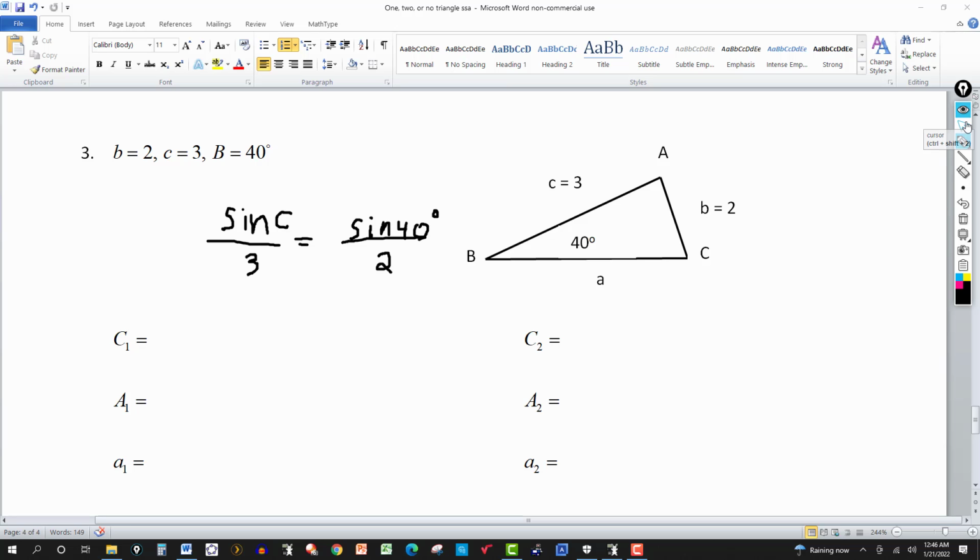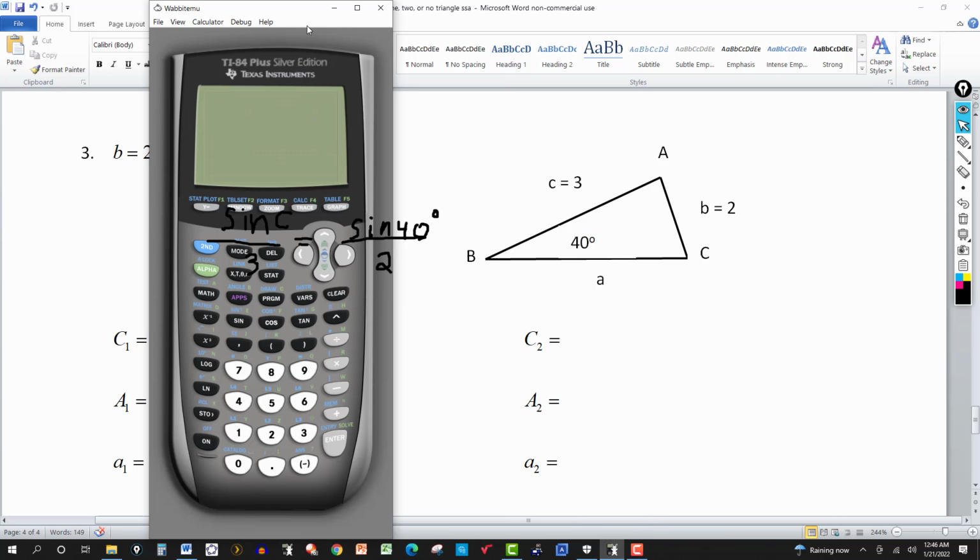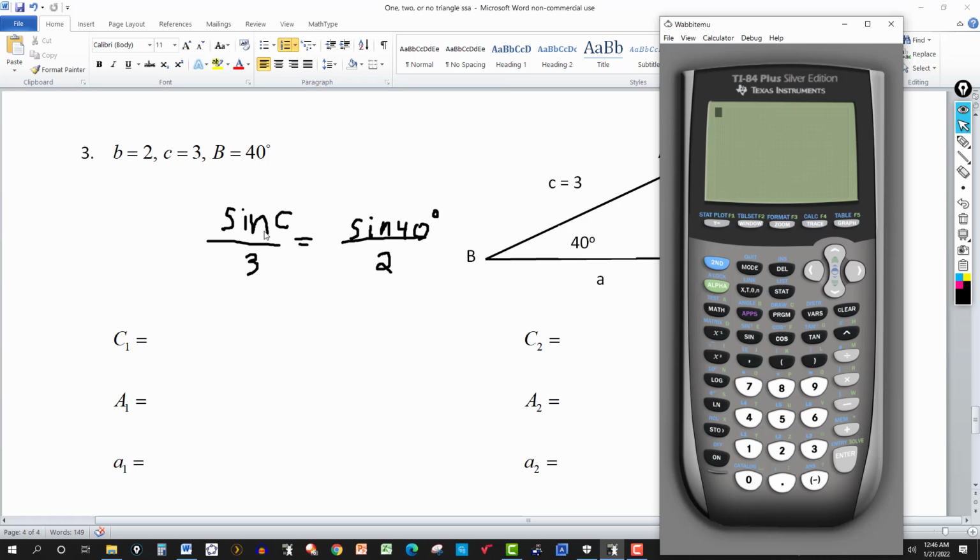Okay, so now let's get the calculator. So sine of C is going to equal, I'm going to multiply both sides by 3, so this will just be 3 sine of 40 over 2. And I want angle C, so I want the inverse.